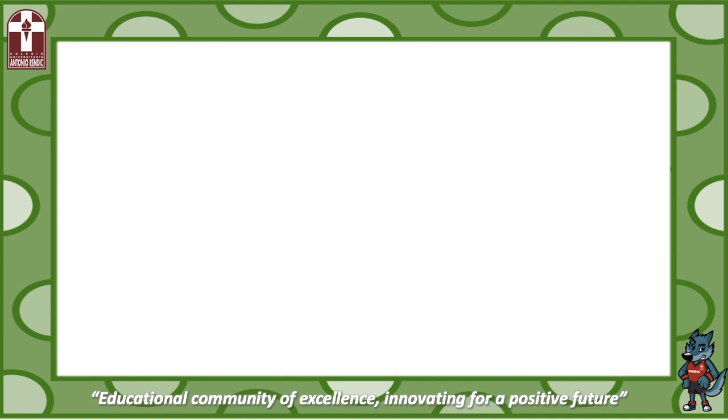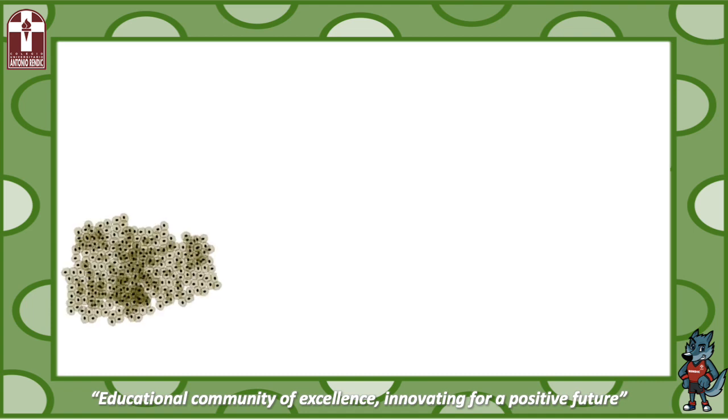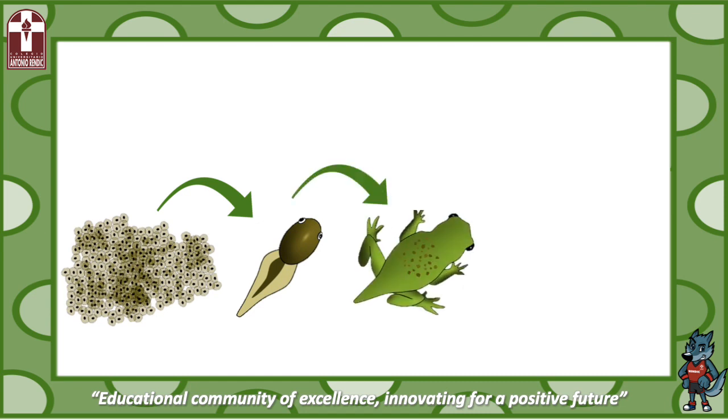Animals grow too. Look at this frog. The frog has a life cycle too. First, the frog lays an egg. After that, the egg turns into a tadpole. Then the tadpole turns into a froglet.